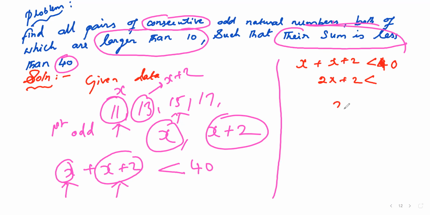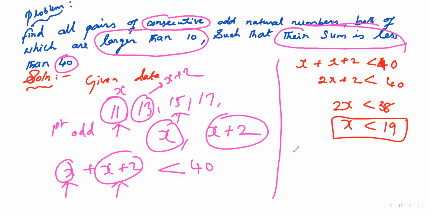Then subtracting 2 from both sides, 2x is less than 38. Then x should be less than 19.